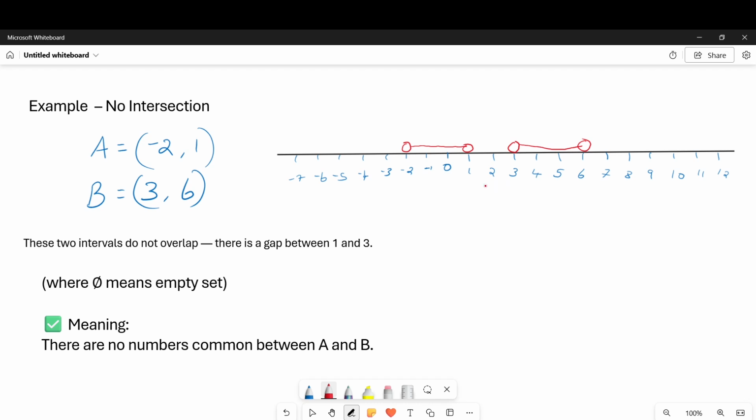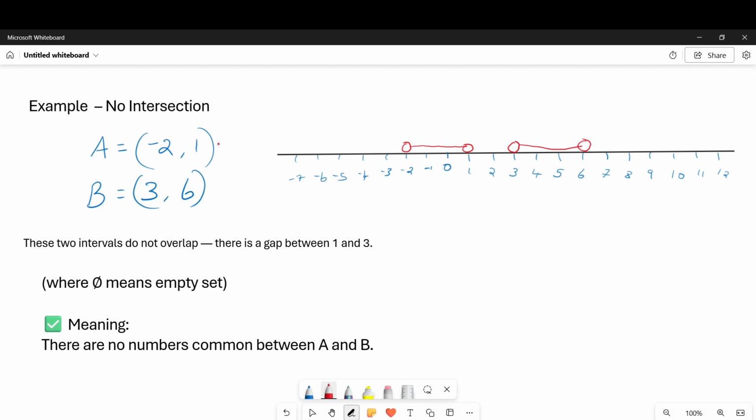If it's a union, we can simply write A union B. But for intersection, the main definition is to find the common overlapping area. There is no common overlapping area in these two, because they are two different intervals on different sides, not connected, with no overlap. So how will we write it?